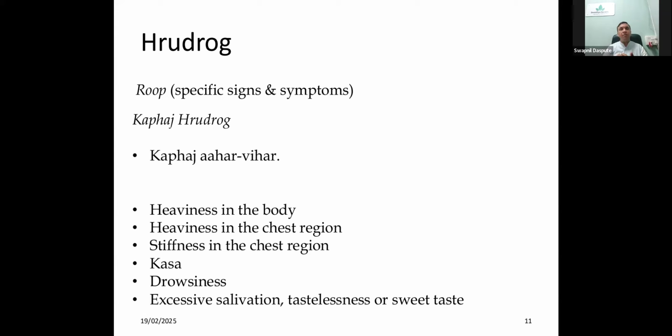So here we hold an upper hand because we have various things to ask the patient, various things to discuss with the patient, which indirectly makes the patient talk, which indirectly makes the patient feel relieved and makes the patient feel special.